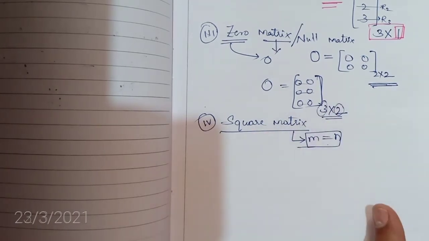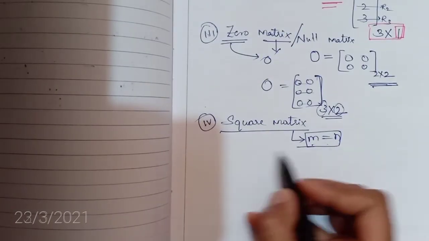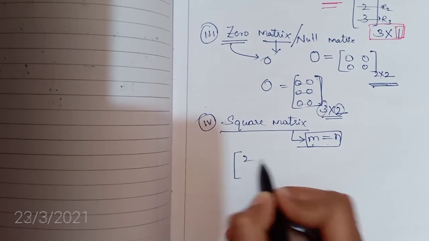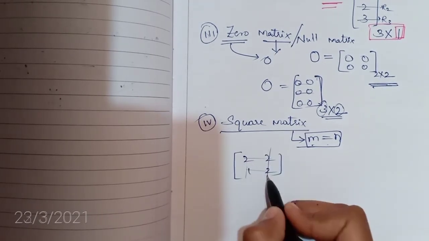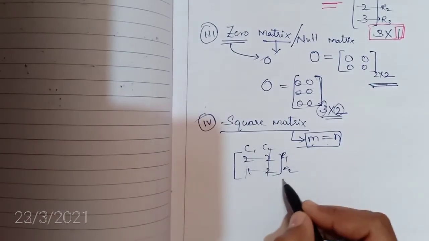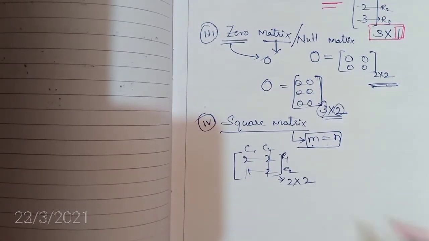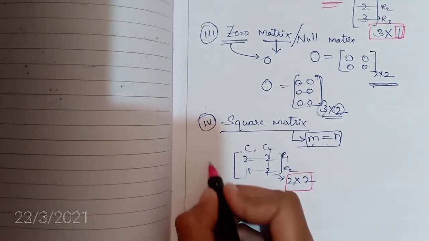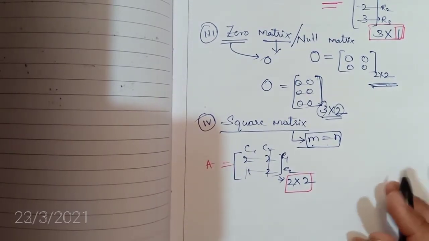Then that becomes a square matrix. Let me explain with an example. So m is equal to n. I write 2 rows and 2 columns, R1, R2, C1, C2. So the order of this matrix is 2 cross 2. The matrix in which the number of rows is equal to the number of columns is known as a square matrix.